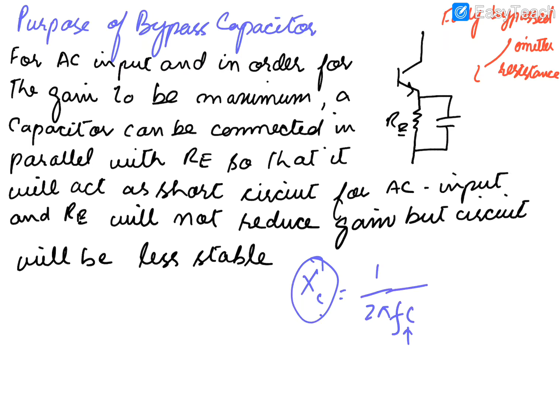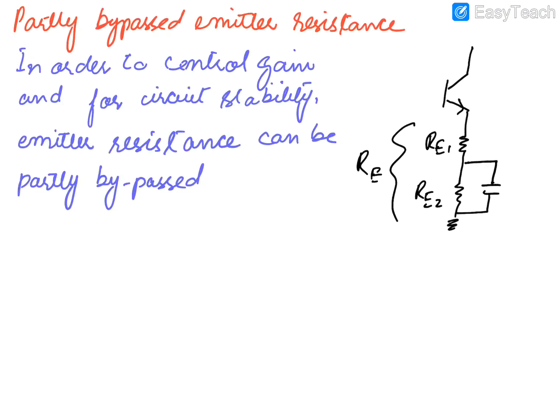The second case is if you want your circuit to be stable and also you want to control the gain of the amplifier. Then you can divide the value of RE into two portions, RE1 and RE2. A capacitor is connected in parallel with one of the RE portions. In this case we have connected it in parallel with RE2.